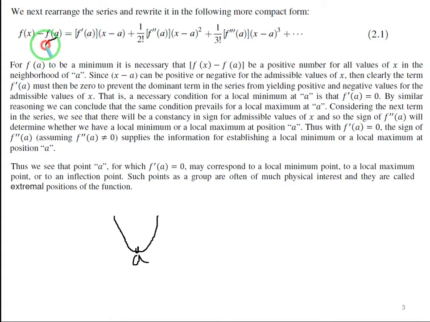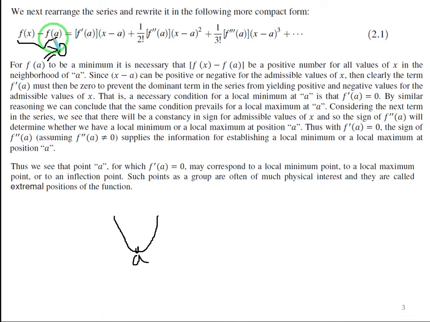So for a local minimum, the left-hand side of this equation must always be greater than or equal to 0.